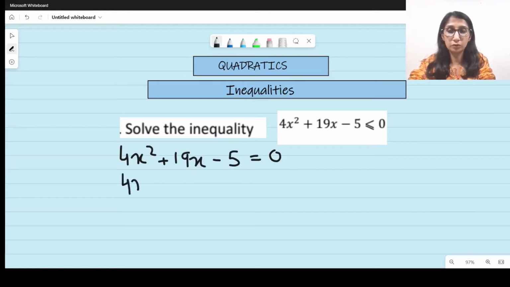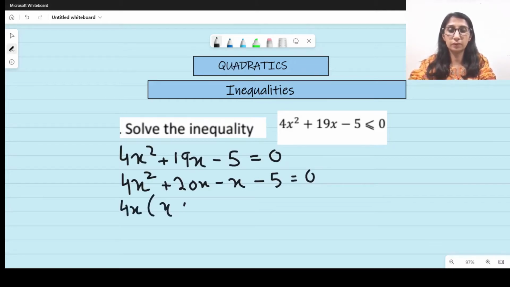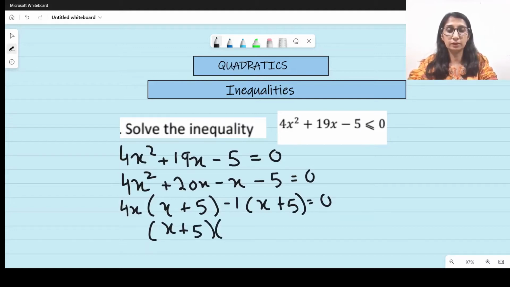So I am going to break the middle term, and this is going to be plus 20x and minus x minus 5 equals 0. So 4x can be taken common, x plus 5, minus 1 can be taken common, x plus 5. So the first bracket is x plus 5 and the other bracket is 4x minus 1.